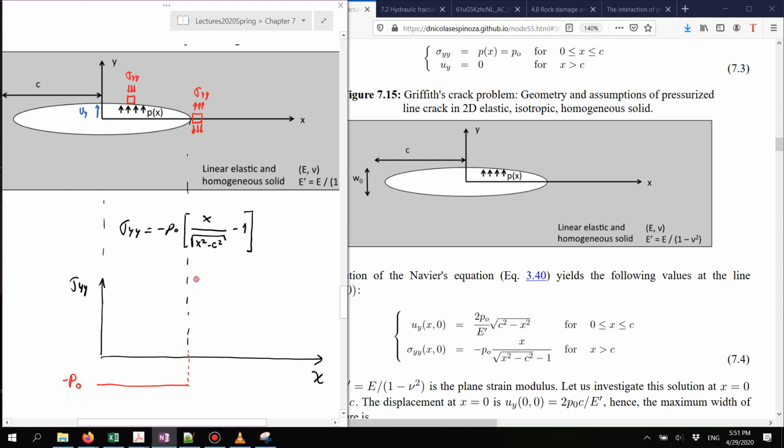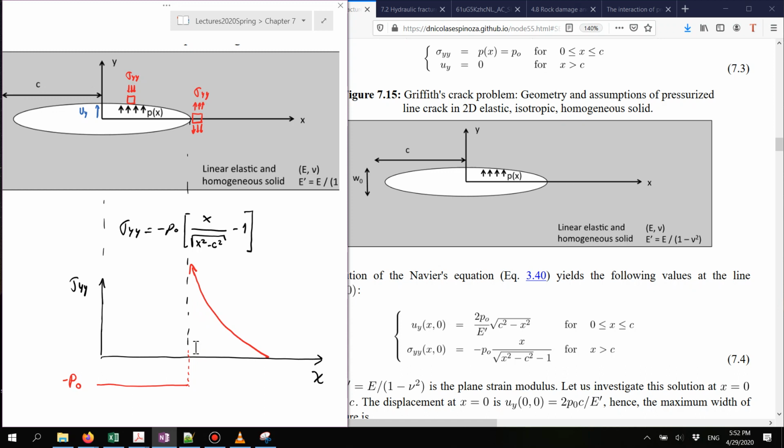That's something that we know cannot happen, and it will tend towards 0 as I get further away from the fracture. Because we cannot deal with these infinite quantities, we create a new definition of the state of stress at the tip of the fracture, something we call the stress intensity factor.